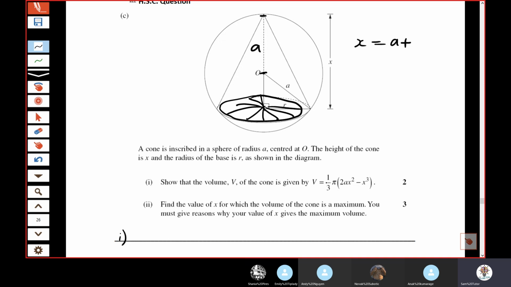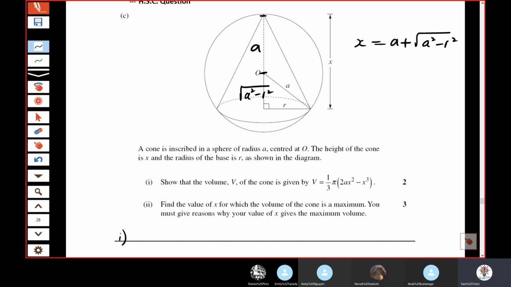Do you understand that? This distance is what? Think. Yeah, there we go. Square root of a squared minus r squared. Pythag. I told you there's two types, either Pythagoras or similar triangles. Done. You have a relationship now of x in terms of a's and r's. That's good. I don't know if we need it, but we have it.